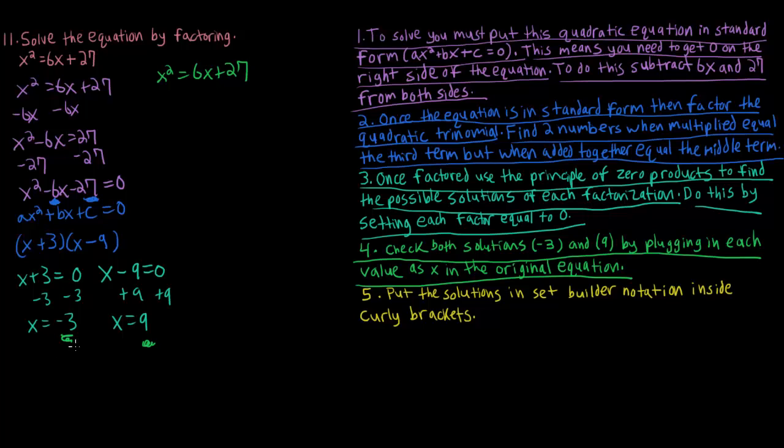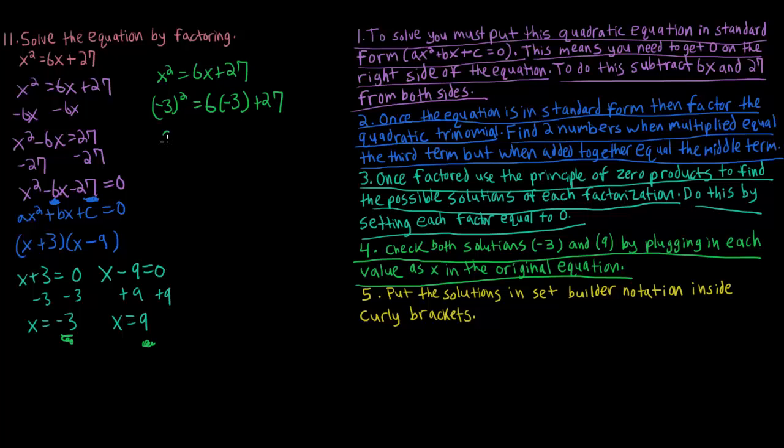So let's start with -3. Put -3 in for x, so (-3) squared equals 6 times (-3) plus 27.